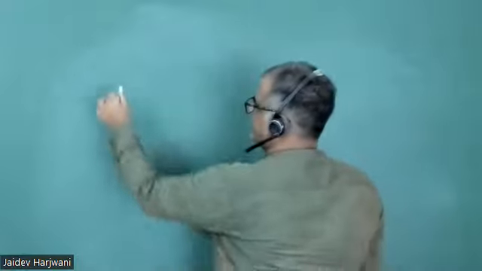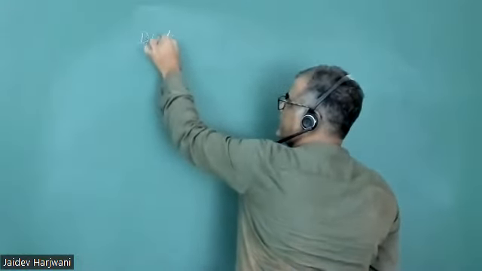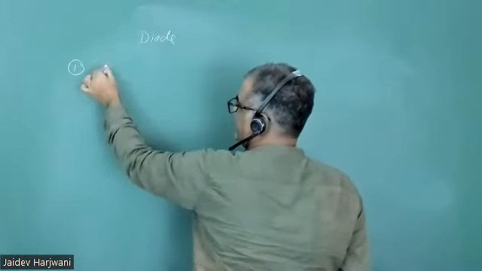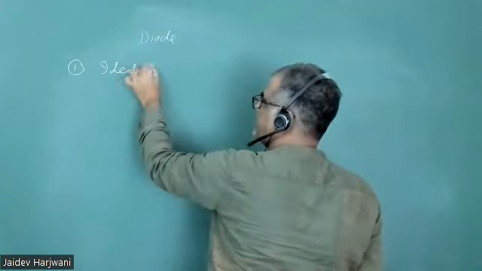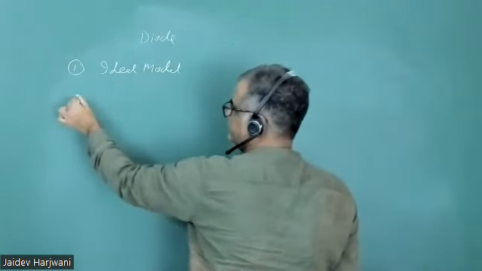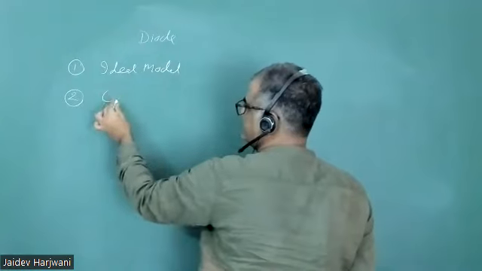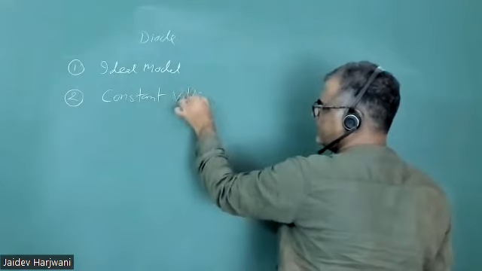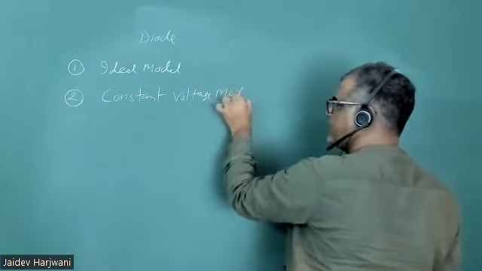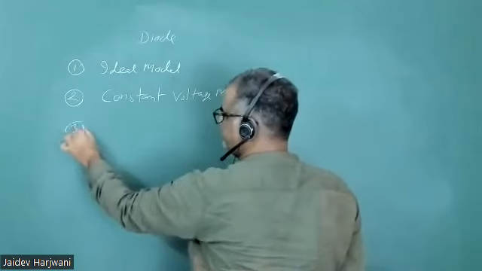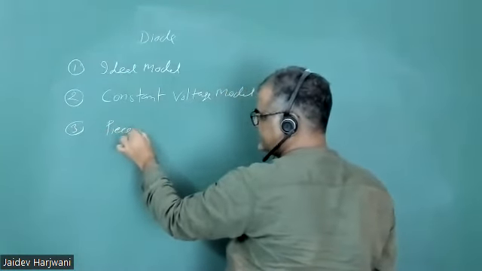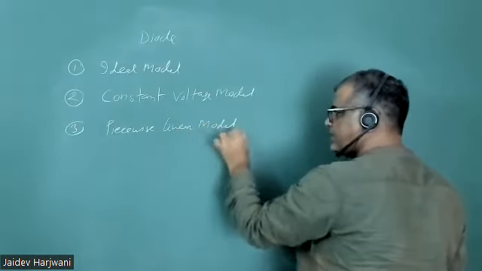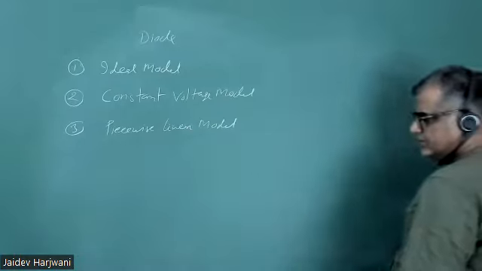Now, diode. There are three models. One is called the ideal diode model. The second is called the constant voltage model, and the third is called the piecewise linear model.